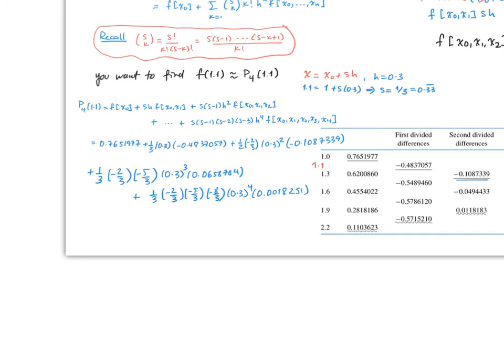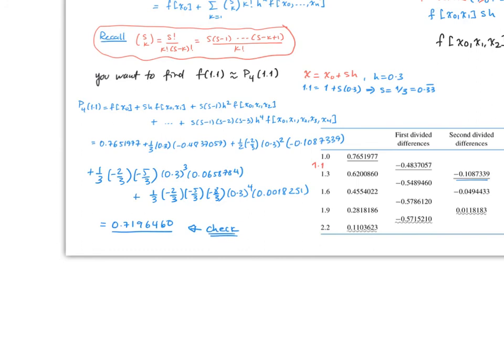And then once you simplify all of this, you will end up with 0.71964660. And again, just check this calculation, and that's how you're going to do this forward.